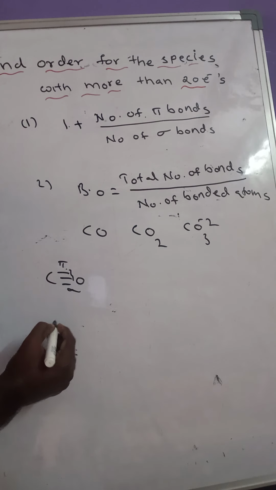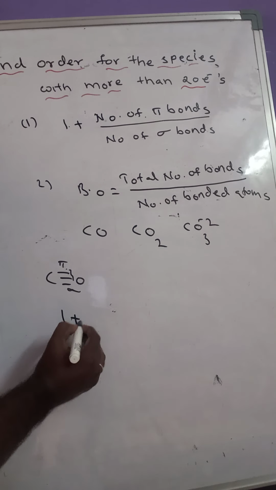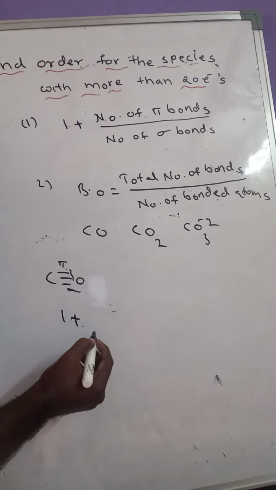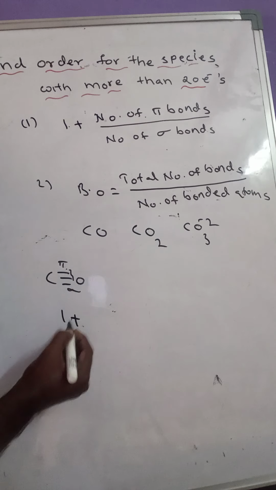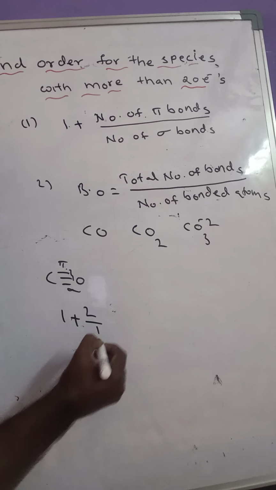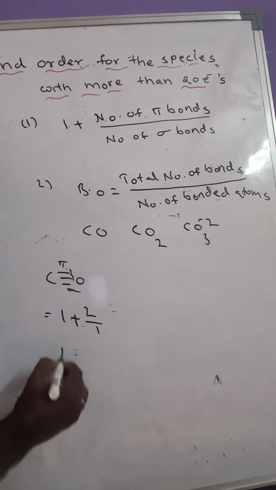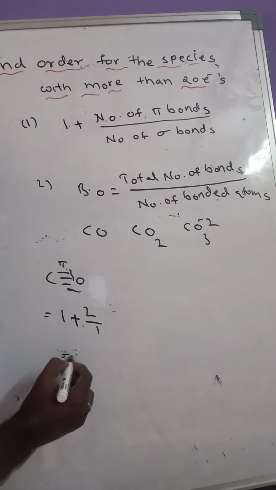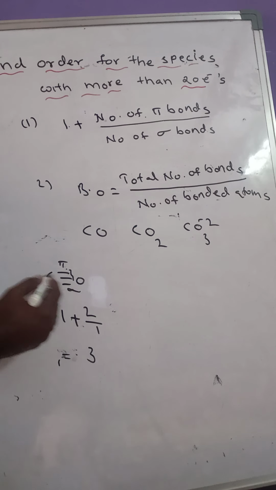So now what is the formula here? 1 plus number of pi bonds, which is 2, by number of sigma bonds, 1. So 1 plus 2, what is the bond order? 3 in the case of CO.